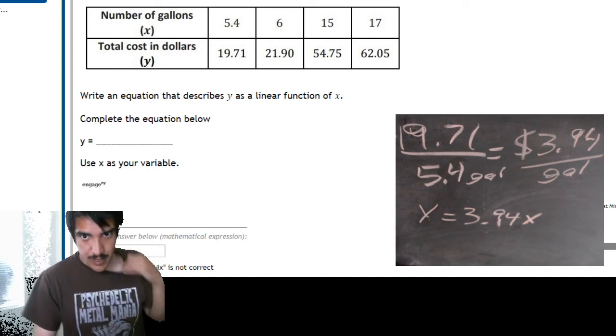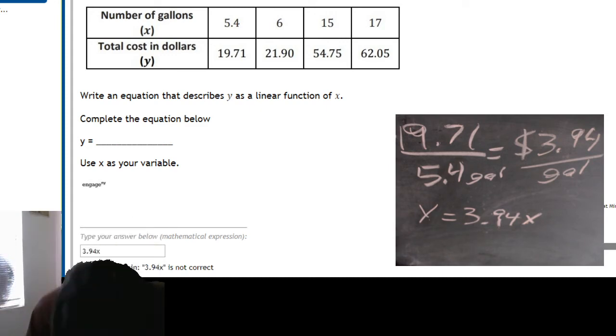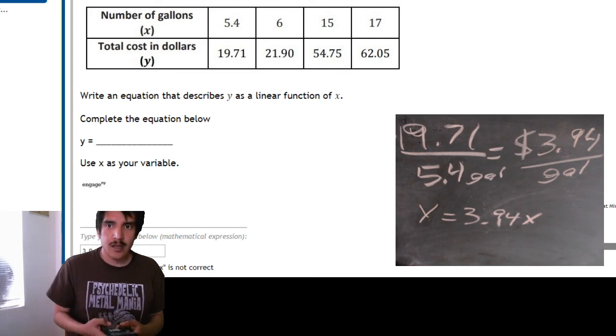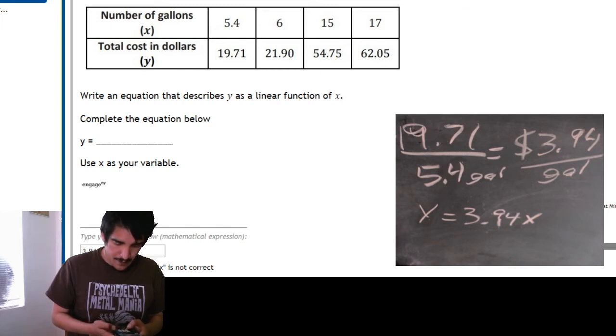Huh. I wonder why it did that. 21.9 divided by 6. Oh! Did I type something in wrong the first time?